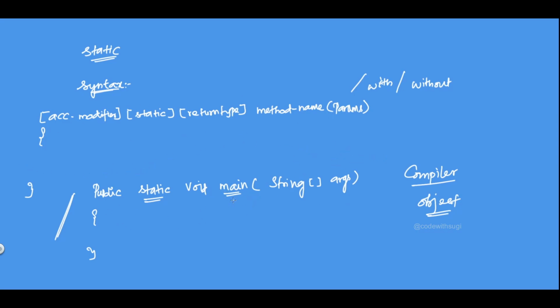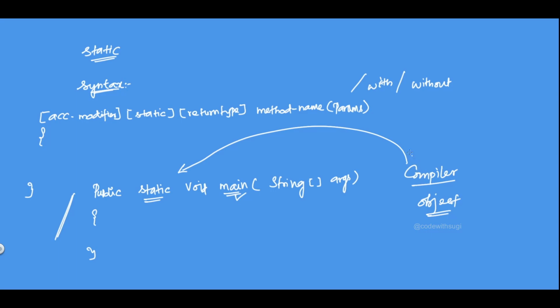Okay, so that is the reason we always used to have a main method in each and every class. So due to having this static keyword, the compiler will easily get access of your main content of the class, that is the logic whatever you have covered in that class will comes under this main method only.